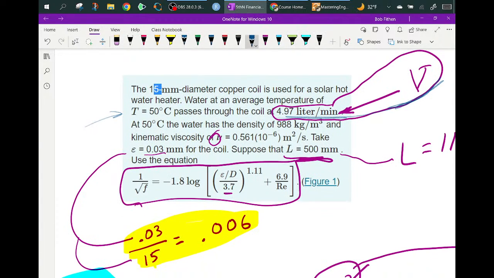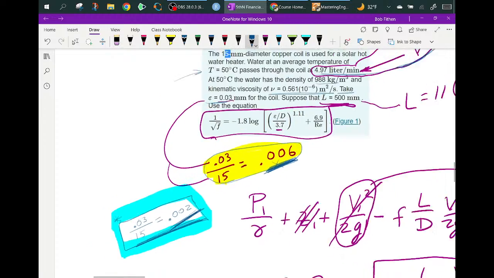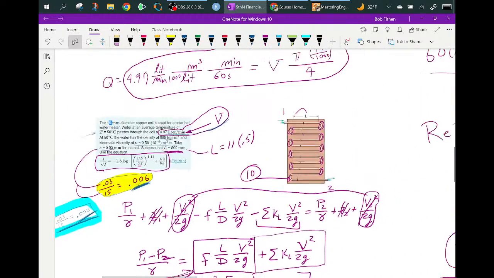It had a density and a kinematic viscosity right here. It said take E over the epsilon to be that. My biggest problem came when I divided these two numbers. If you take this and divide that, that's not what you get. This is what you get. So instead of E over D of 0.06, it should have been 0.002. The rest of the problem, you can watch the video.